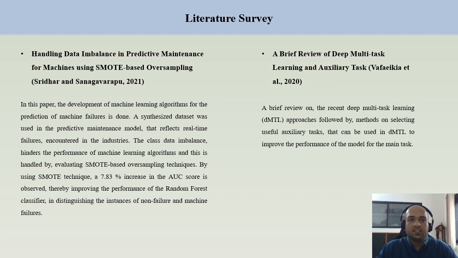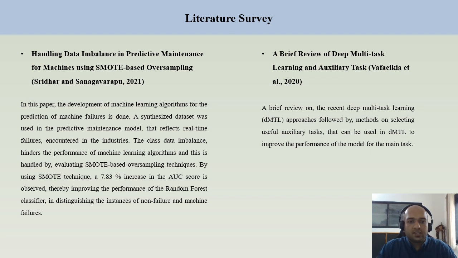Literature survey. These are some base papers. First, Handling Data Imbalance in Predictive Maintenance for Machines Using SMOTE-Based Oversampling, published in 2021. In this paper, machine learning algorithms for the prediction of machine failure are developed. A synthesized dataset was used in the predictive maintenance model that reflects real-time failures and encounters in the industry.